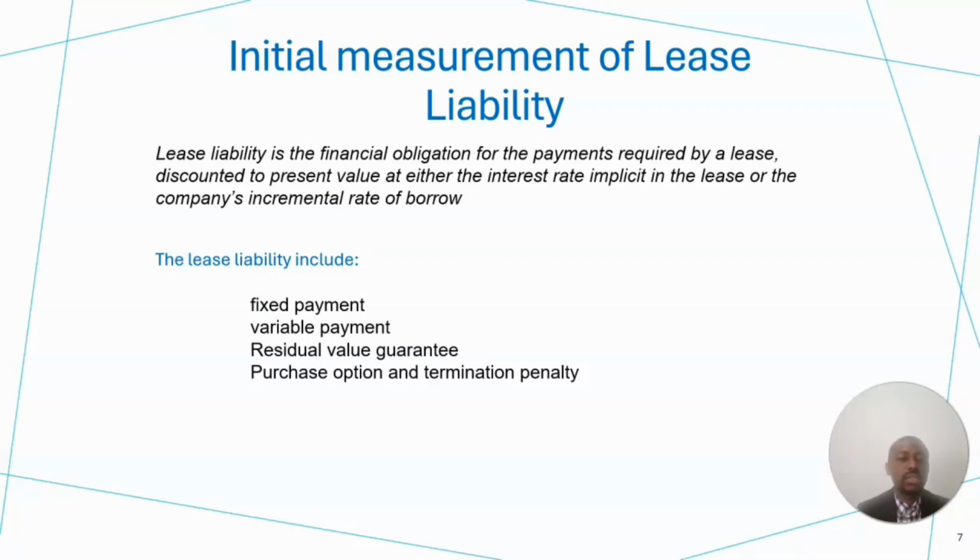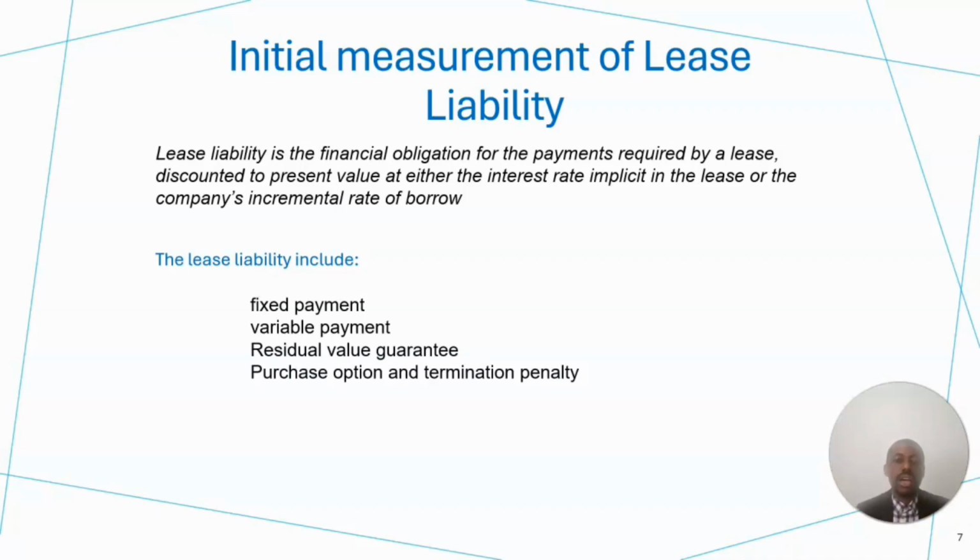Assuming that you have a lease agreement to pay 1 million naira annually at the end of each year for 5 years, which is your annual rental. How do you recognize that liability in your books of accounts? If I say 1 million naira annually, that amounts to 5 million naira.